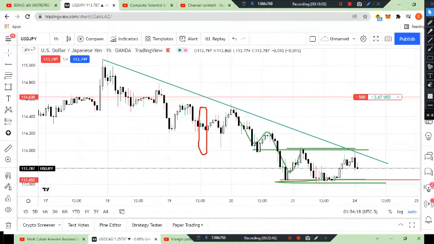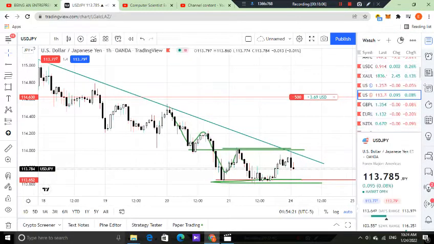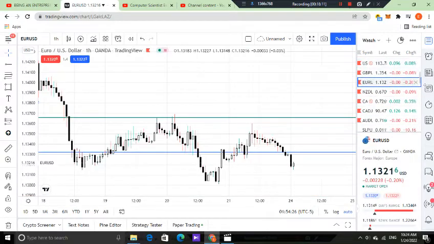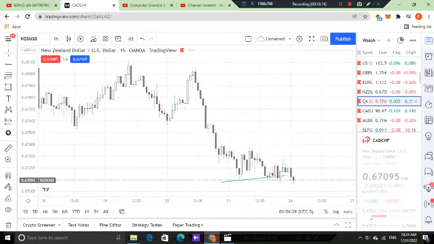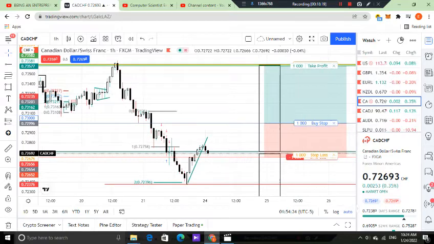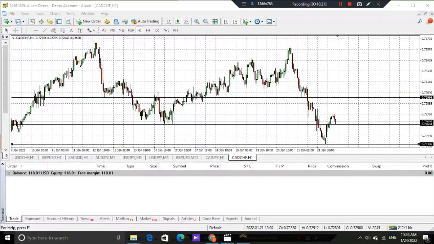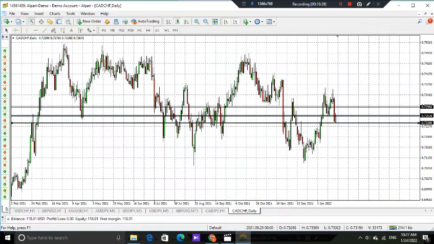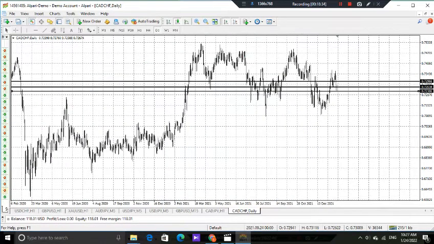I prefer not to, and personally wanna trade if I find it. Yes, this one. Okay, I decided to take this, and as you can see in MetaTrader, in daily time frame, it's kind of a trading range, but it is also a bearish trend.